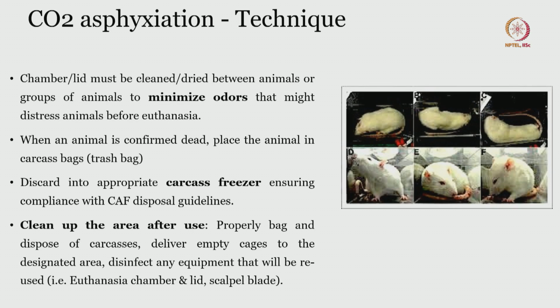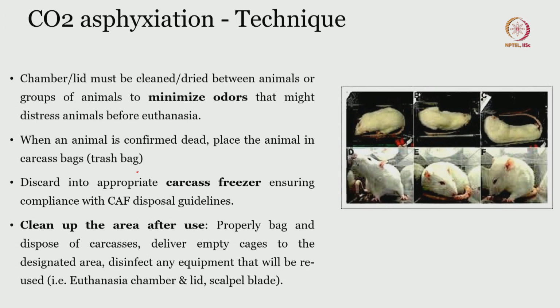So, once the rat dies and you remove the rat, you need to clean the euthanasia chamber in between the euthanasia of different animals. It is very important, and we also need to consider how we are going to dispose of the carcass of the animal after organ harvesting.